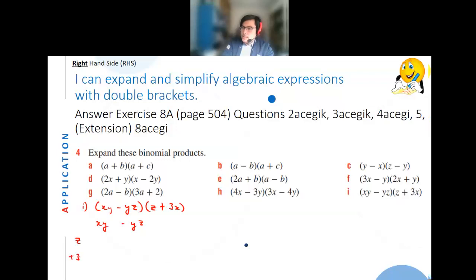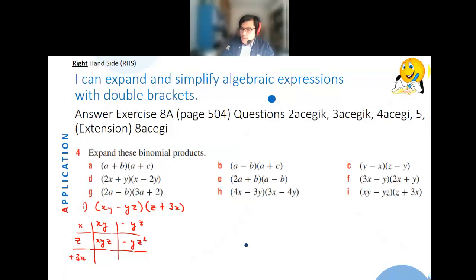Okay, so this one is actually going to be a little bit harder just because we have to multiply a few letters together. z times xy is just going to be xyz. Now this is z times negative yz. Positive and a negative is a negative. And here we've got 2z, so that's going to be yz squared.